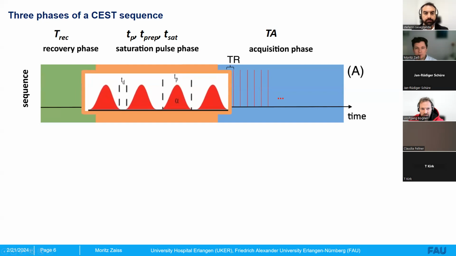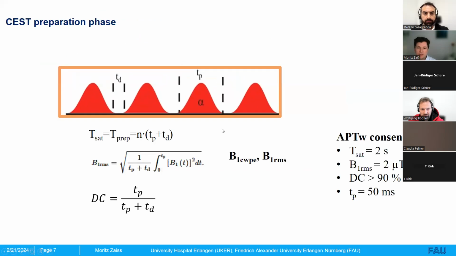So let's now first focus on this saturation pulse phase and how it's defined. Typically we have a train of shaped pulses with a certain duration tp and a gap td, and the total saturation time is just given by the sum of these sub pulses and sub delays. Very important, also in the consensus paper, we stressed that we should all stick to the same metric for how we measure this B1 power level.